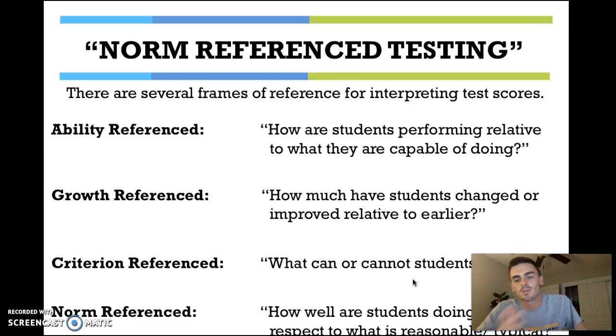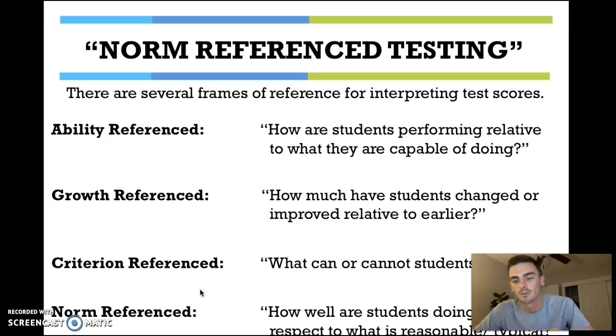For some frame of reference, when we talk about ability reference testing, we're talking about how students are doing in the scope of how good they could be doing in terms of their abilities. That falls probably not often in your classrooms as teachers, but it is a style of test. Growth reference is a type of test we're probably going to see a lot.